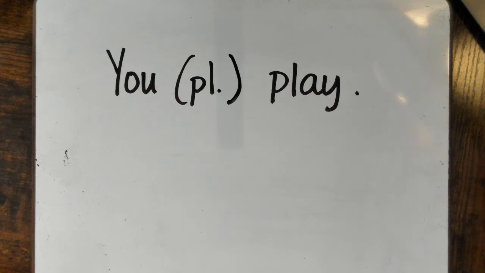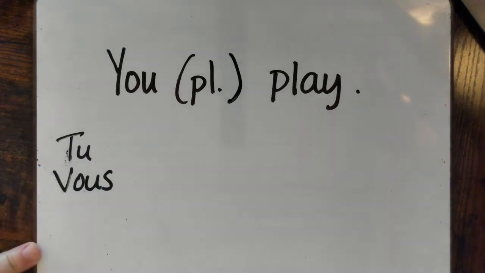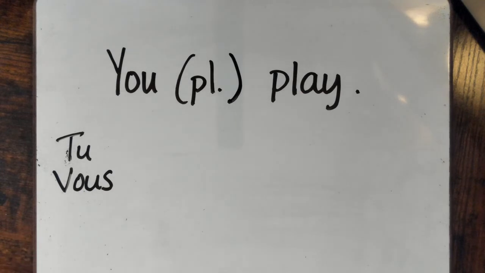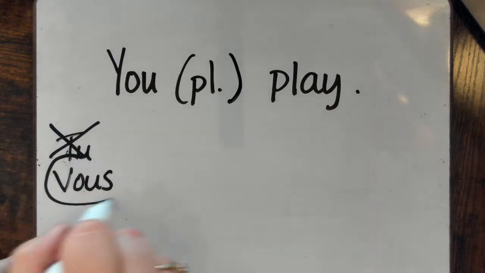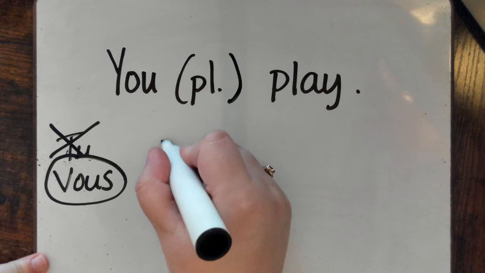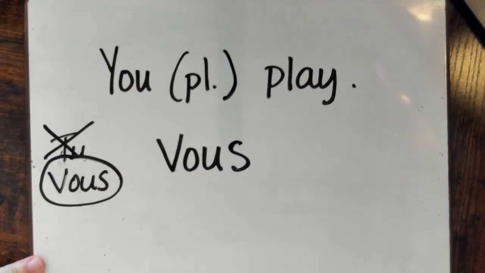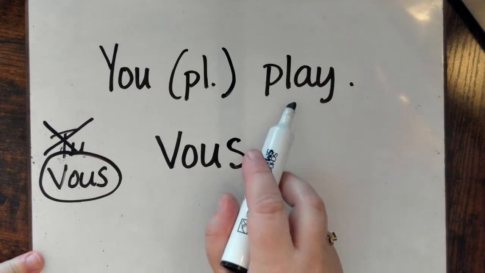You, plural, play. Okay, so you, plural. You is the subject. We have 2 different ways of saying you in French. We either have tu or vous. Which one is the plural one? Vous. So if you're talking to more than one person, you'll use vous. So our answer will start with vous, and then you need the verb for play.